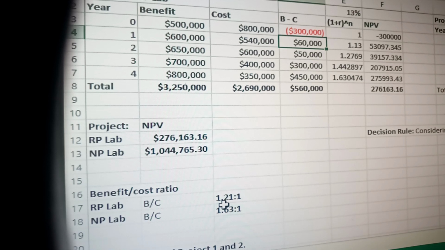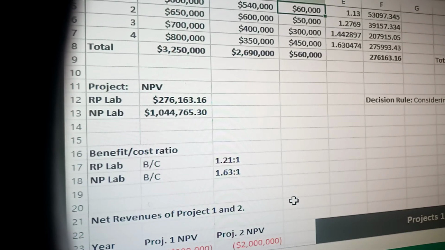Mutually exclusive means you only have the chance to select one; you cannot do both projects. So I'm assuming these projects are mutually exclusive, and since you cannot do both, I will recommend that they forget the old lab and concentrate on the new project lab that brings way more benefit than restoring it.